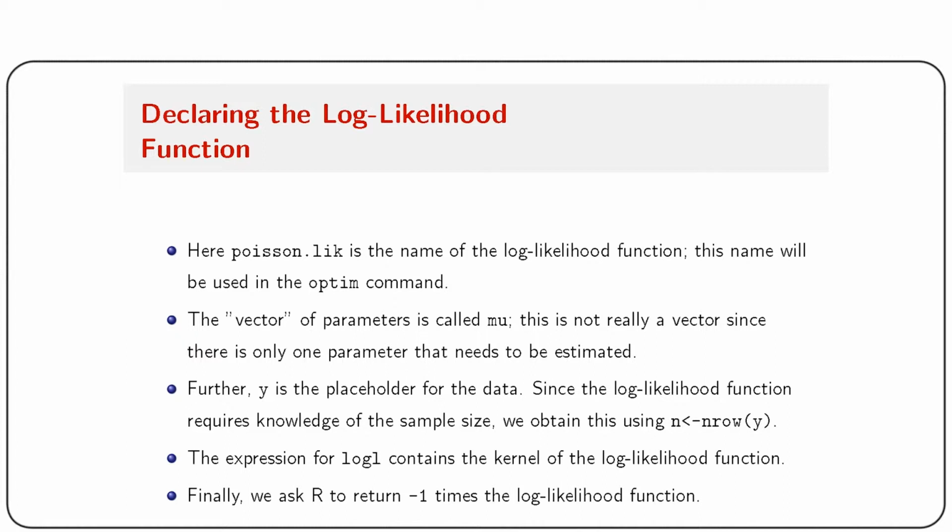Since the log likelihood function requires knowledge of the sample size, we obtain this using n equals nrow of y, assuming y is a data matrix. The expression for log L contains the kernel of the log likelihood function, and finally we ask R to return minus 1 times the log likelihood function, the negative log likelihood function.